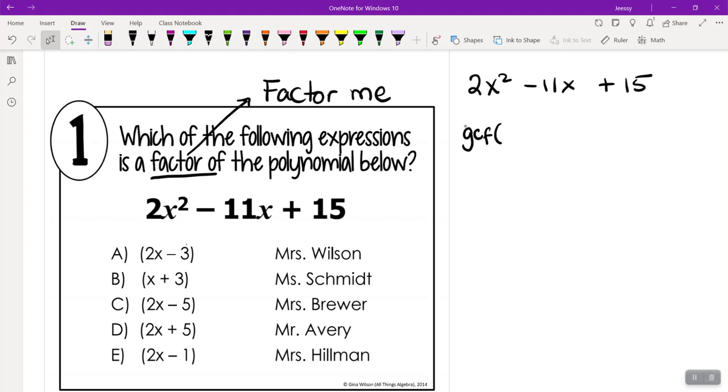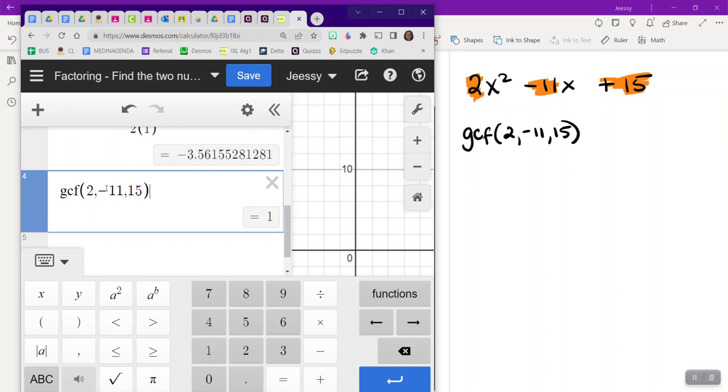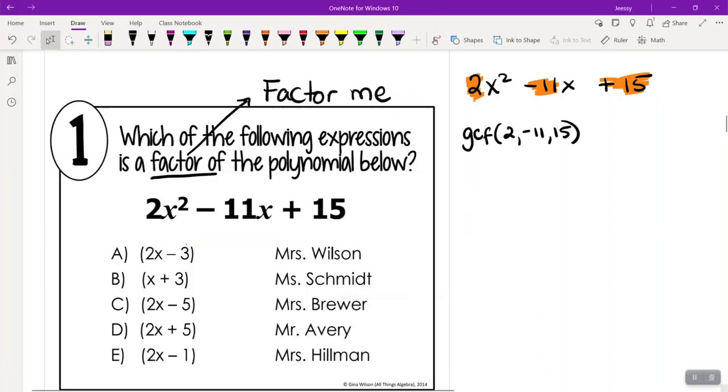All right. Okay, so then you go to Desmos, you type in GCF of 2, negative 11, 15, and you'll see that the GCF is 1. So because of this, we don't have to factor out the GCF, okay? We don't take out a 1. But this one is a equals 2.